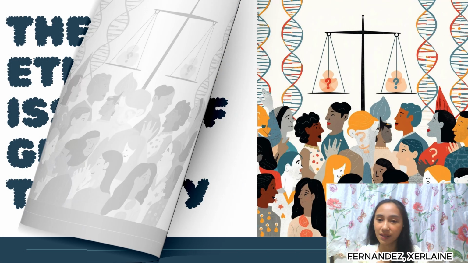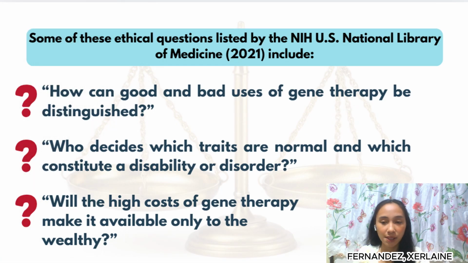According to the US National Library of Medicine, several ethical questions are raised from the use of gene therapy, which are: How can we distinguish good and bad uses of gene therapy? Who decides which traits are normal and which are considered disability or disorder? Will only the wealthy have access to gene therapy due to its high cost?